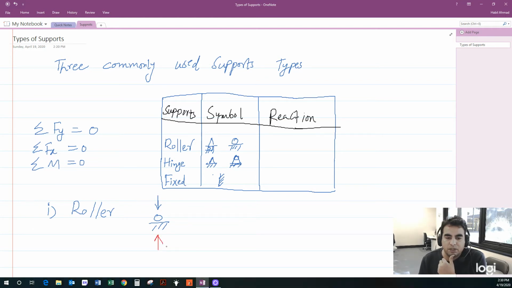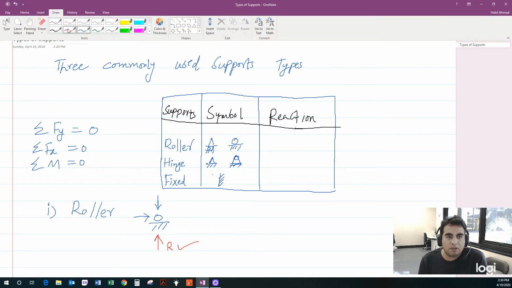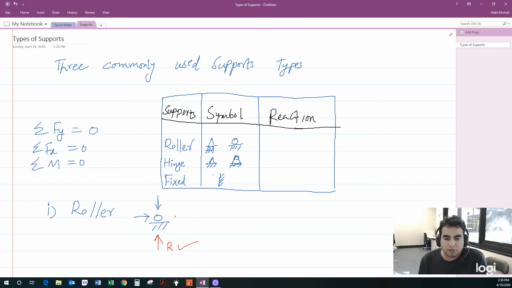So this is the applied reaction R. This support can resist that reaction, but if we apply a load or force in the horizontal direction, the support is not able to support that reaction or load. So there is no supporting of horizontal loads or forces in the case of roller support.